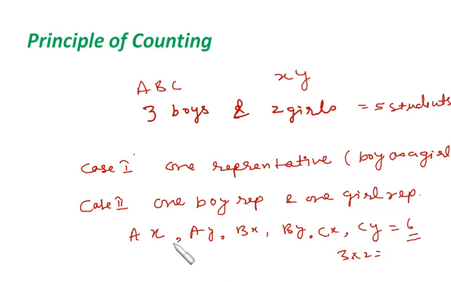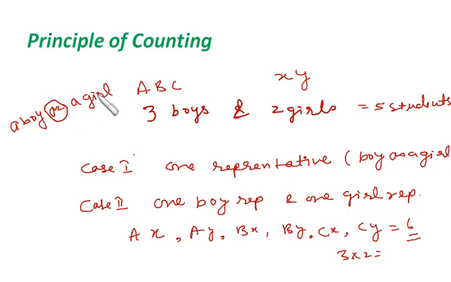In common language, how do we talk? See, I have to choose a boy or a girl as representative. Just concentrate on this 'or', right? So I have to choose one person only, either a boy or a girl.